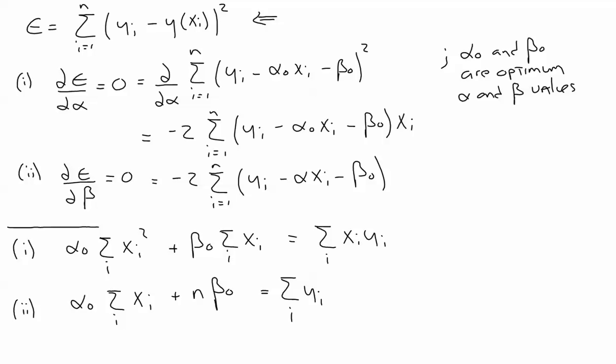All right, by looking at the second equation, I'm going to divide by n everywhere and solve for beta naught. And then I'm going to plug beta naught back into equation 1.